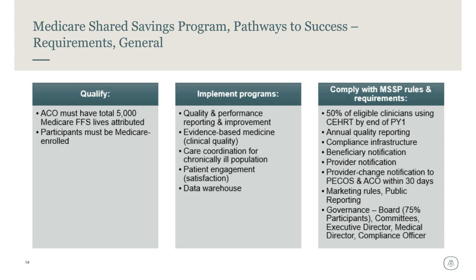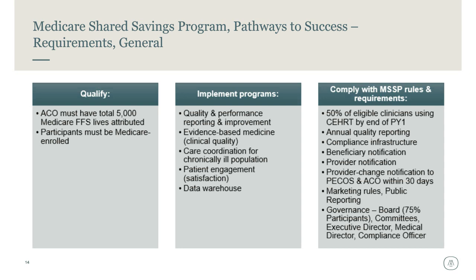That's kind of a standard function of a credentialing office, to keep providers up to date in the PCOS system. But it's always worth mentioning because I can't tell you how many clients I've come across that are a little behind on their PCOS updates. There are also marketing rules you have to comply with, and public reporting.